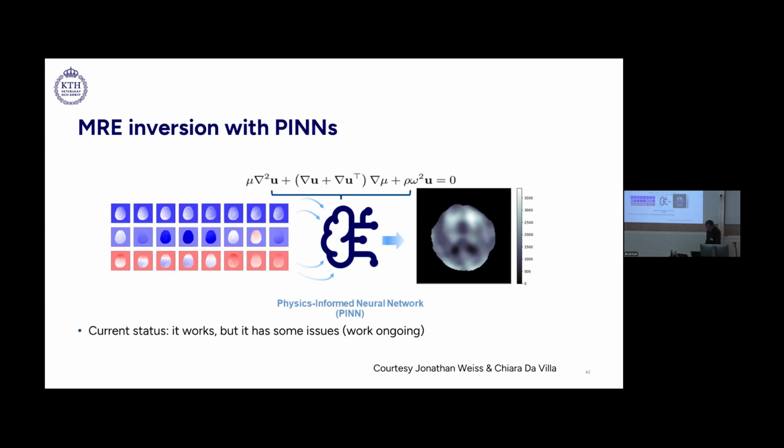The main issue is that we wanted to reduce the computations, and that is not really happening with PINNs so far. Also, we have to retrain the network all the time. Usually in machine learning, you train your model and apply it to other images, but here it is different. You need to retrain all the time with new images, which is time consuming. But this is ongoing, so we'll see.